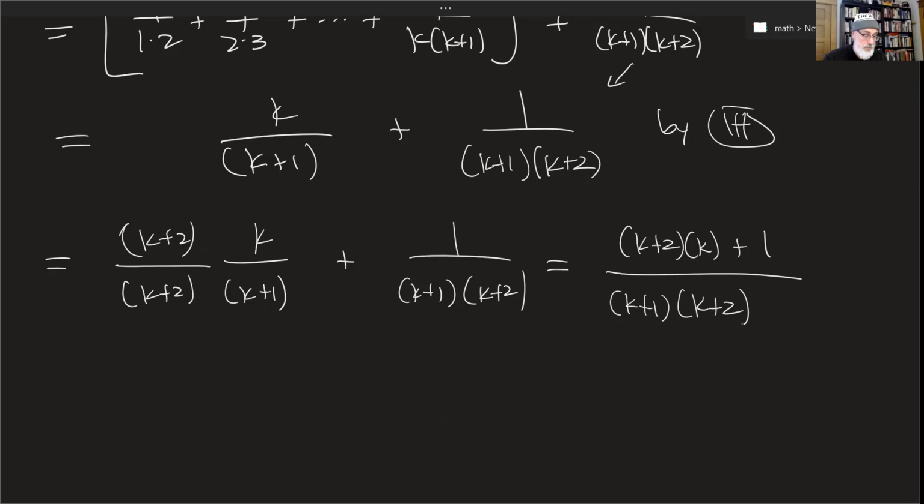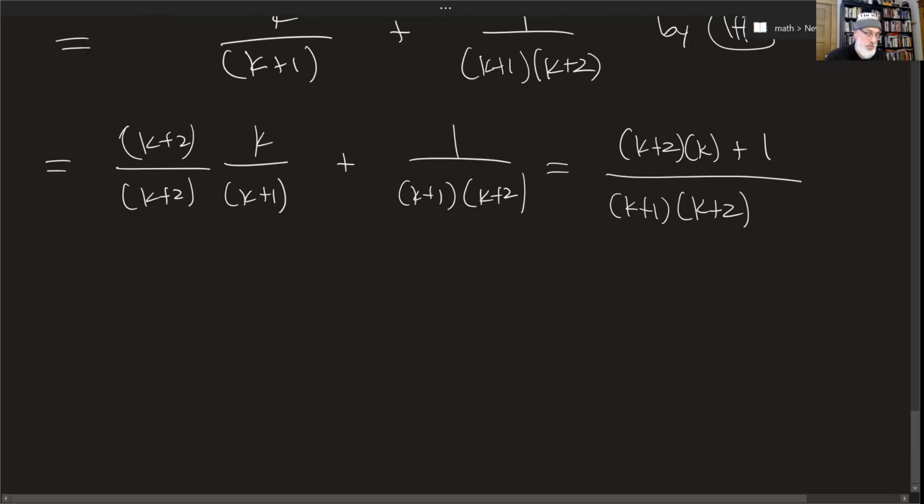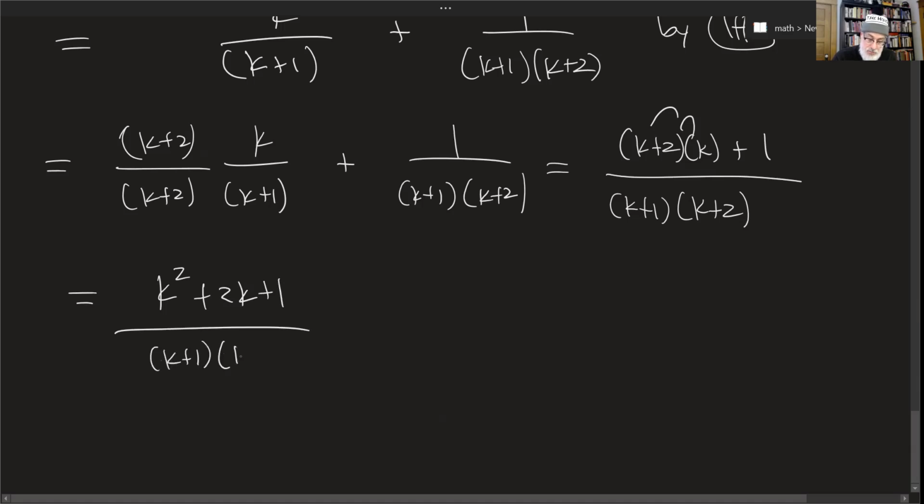Why don't we multiply out the top? In other words, we distribute this k. So k times k is k squared, k times 2 is 2k, and then we have this 1. And at the bottom, we have k plus 1 times k plus 2. Now let's factor the top.